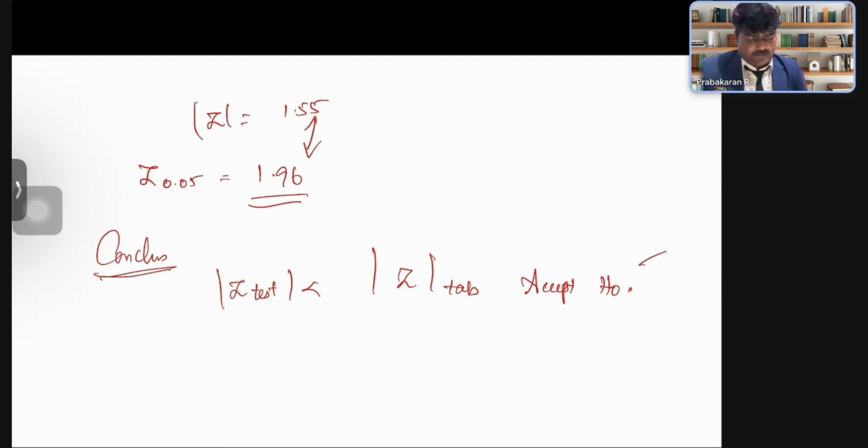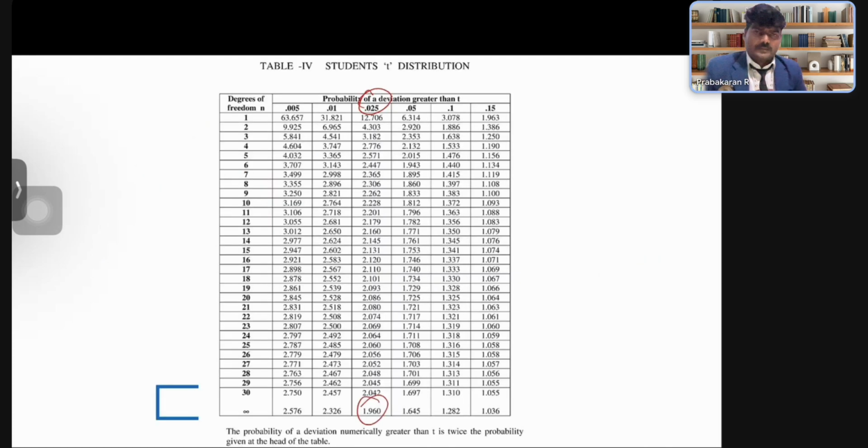That's all. So quickly we'll see. You can take this as a homework problem, you can work it out. I'll give the answer.